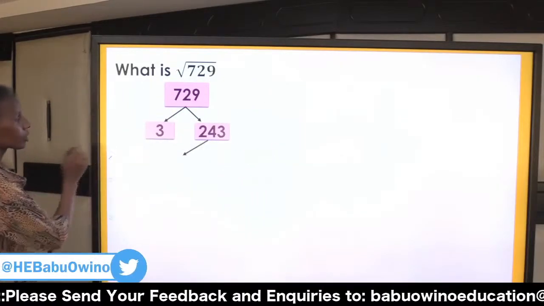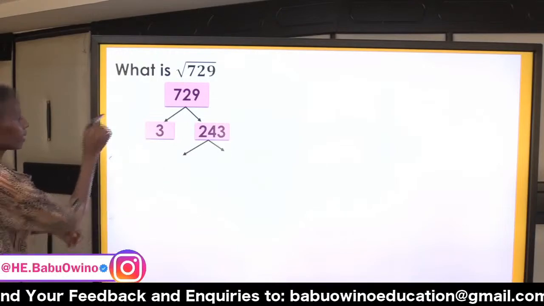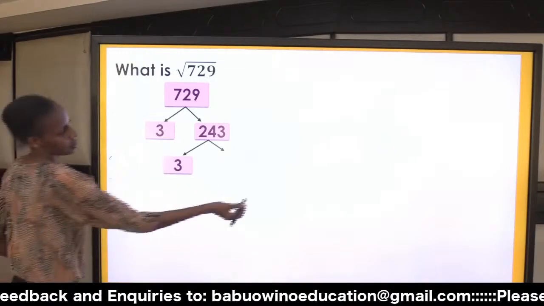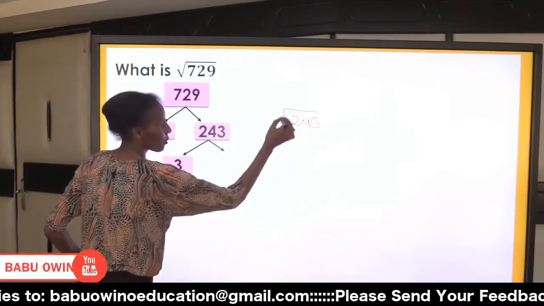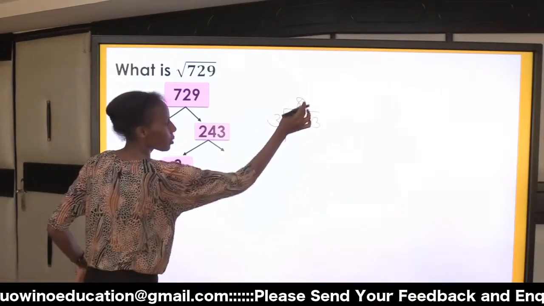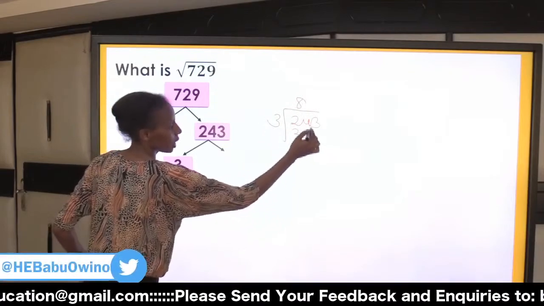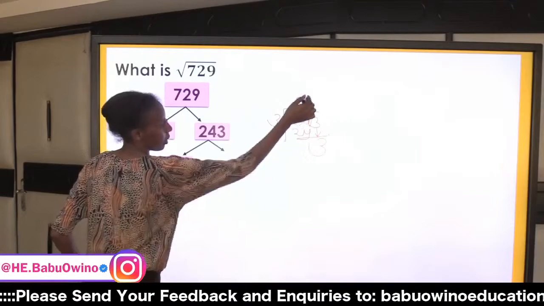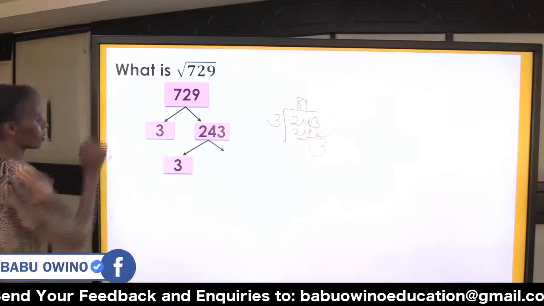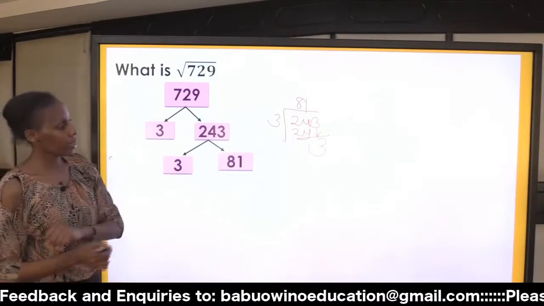Okay, so again, we divide by 3 further. 243 divided by 3 goes 8, because 8 times 3 is 24. Then we have 3 goes once. So we get 81.